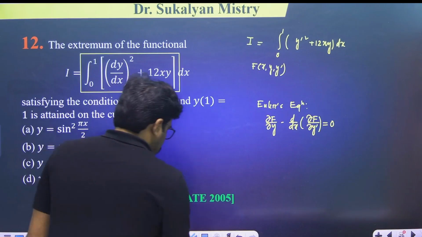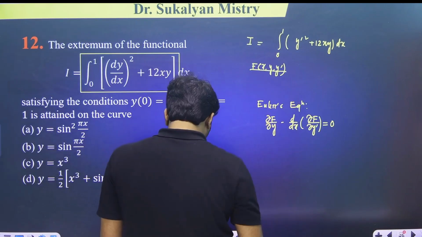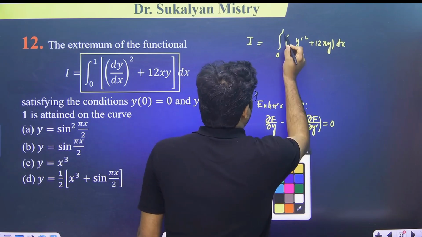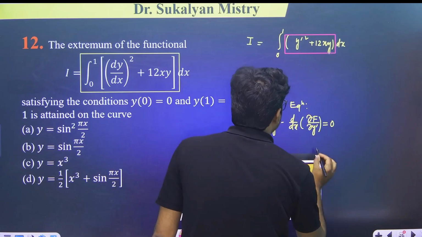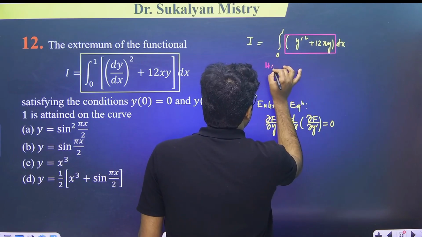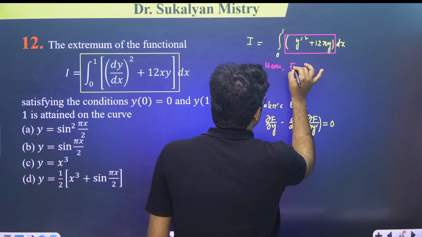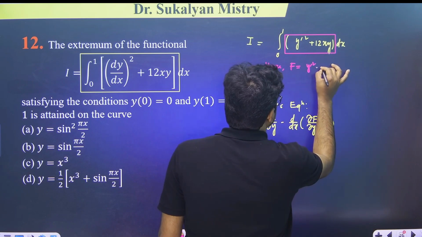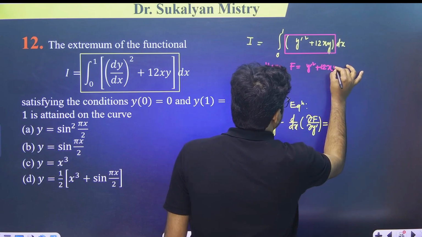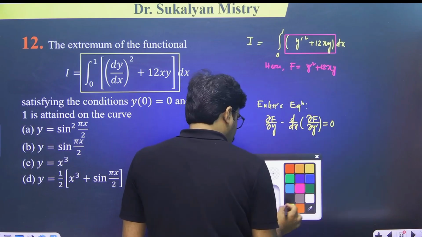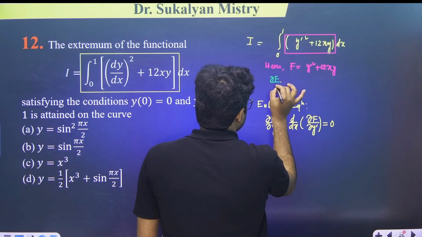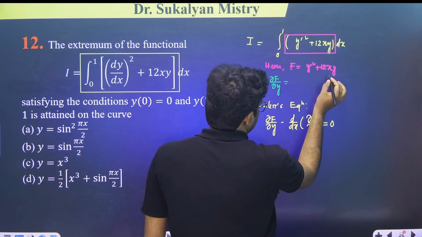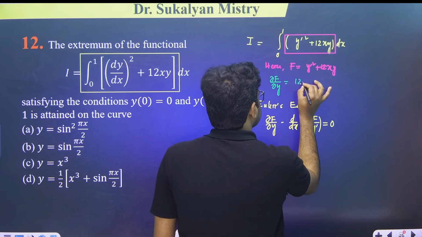So here what is f? For this problem, f is y dash square plus 12xy, so this is f, right? So del f del y, that means 12x, right?